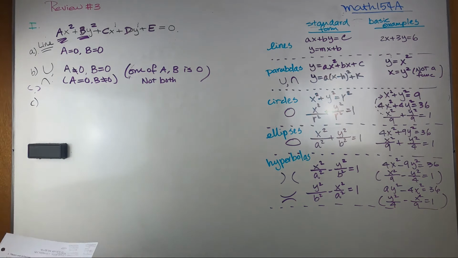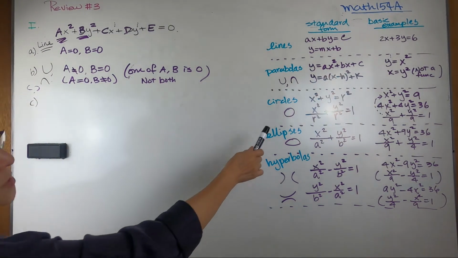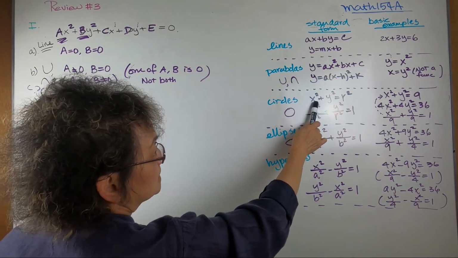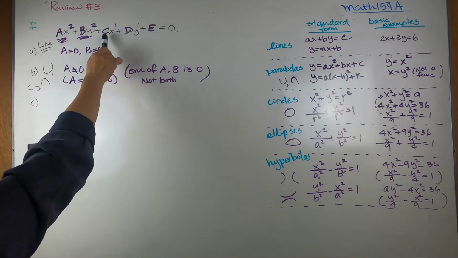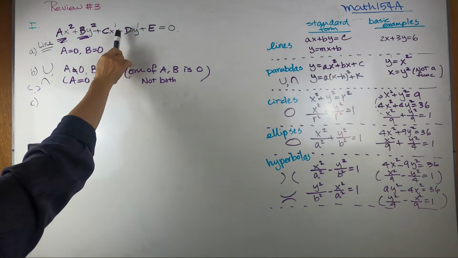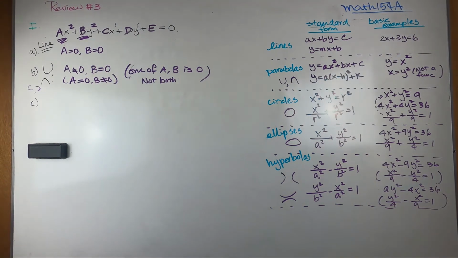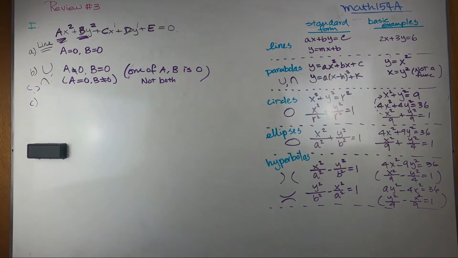Then let's talk about circles, okay? For the circles, see, you have to have x squared, y squared. It doesn't matter for the one power, C and D. Mainly, we are talking about the conditions of A and B, right? Then let's take a look.